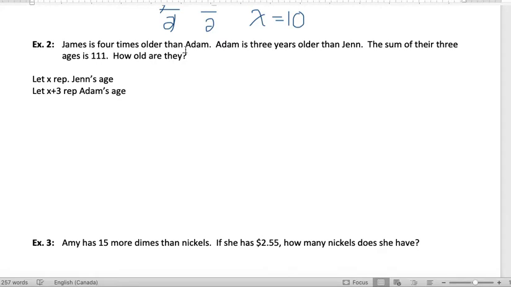So James is 4 times older than Adam. Here you can see that Adam's age is represented by x plus 3. So if James is 4 times older than Adam's age, James's age is 4 times x plus 3.